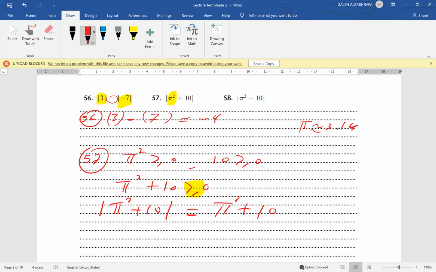For question number 58, I have pi square minus 10. Pi square, which as we said is about 3.14 squared, is less than 10.